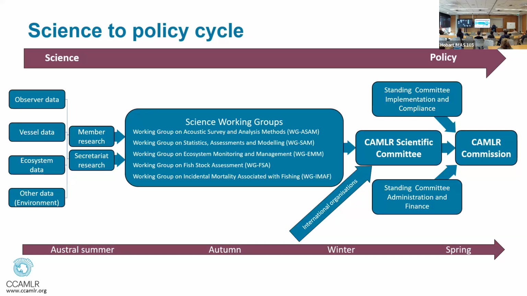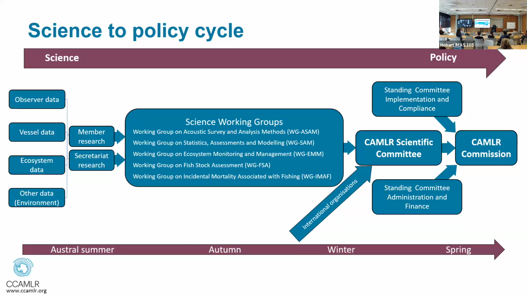I won't go through the details of each one, but they range from the statistical methodologies around the modeling, how to actually estimate biomass for target stocks and bycatch species, through ecosystem considerations to the ecosystem monitoring and management working group.